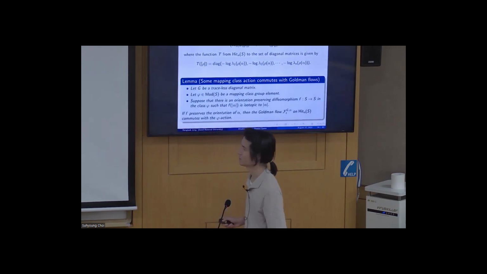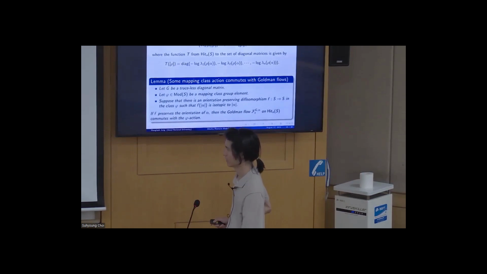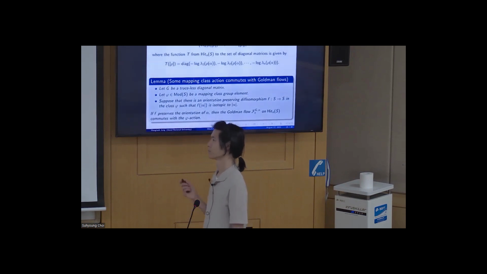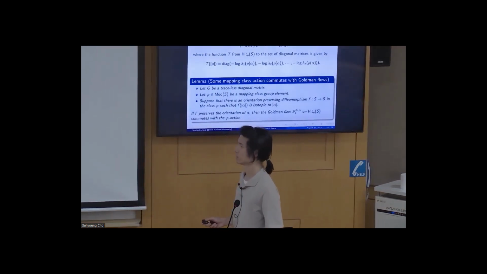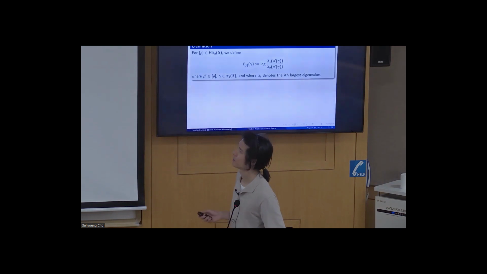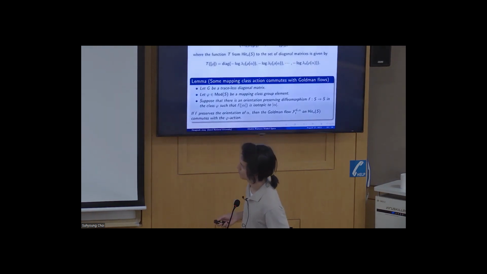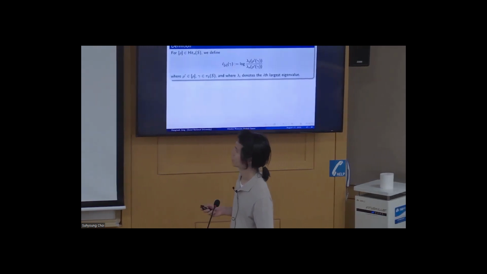If, in addition, this representative F preserves the orientation of alpha, then the Goldman flow on the Hitchin component actually commutes with the action of phi. Yes, that's a theorem.